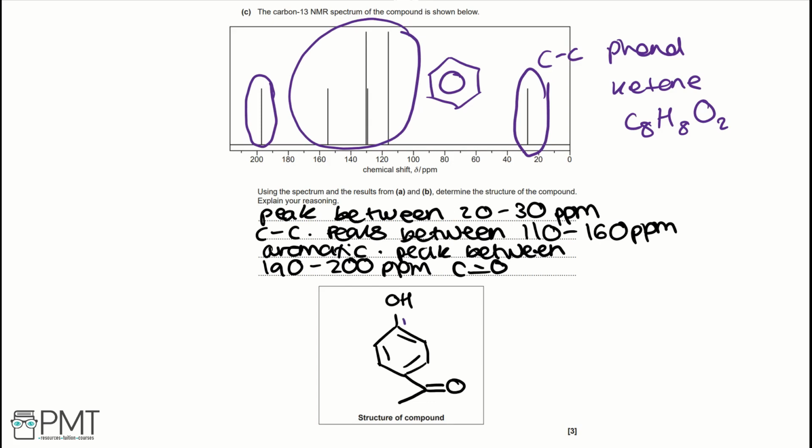So if we number them, 1, 2, now here on the benzene ring, they would be symmetrical. So 1, 2, 3, 4 around because they're the same environments if we drew a line of symmetry. Then we've got 5, 6. If we compare 5 and 6, well, 5 would be for our carbonyl and 6 would be for our carbon-carbon bond. Then we check the molecular formula.